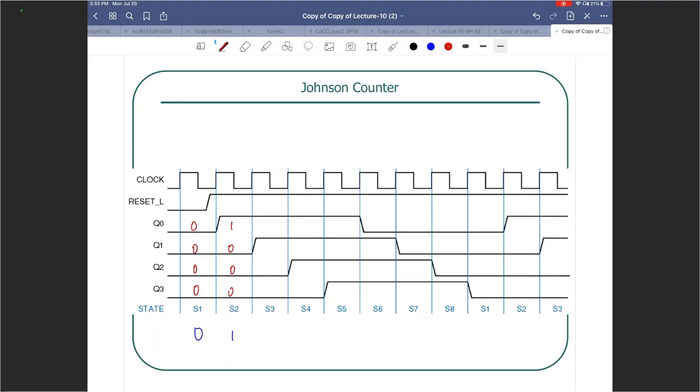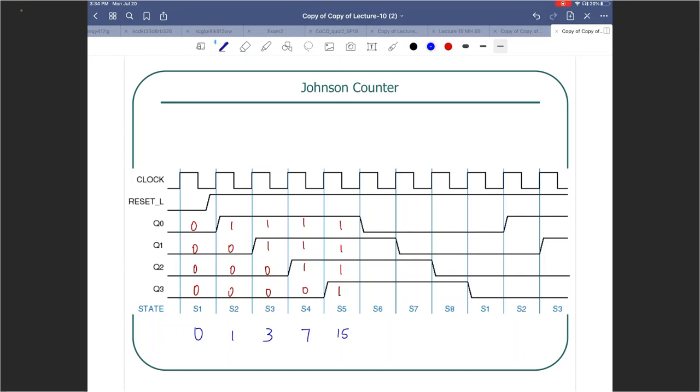After that, you have 1, 1, 0, 0. So that is decimal what? 3. After that, you have 1, 1, 1, 0. That is decimal 7. After that, 1, 1, 1, 1. Decimal 15. That's when your last 1, 1, 1, 1 is.